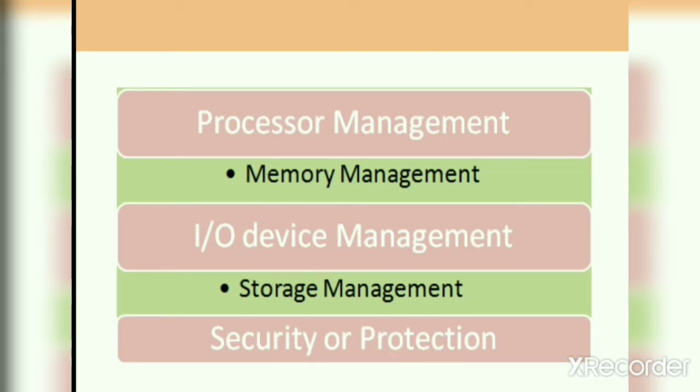The operating system must manage which user is going to access the printer and at what time, which means only one user has access at one time. That is managed by I/O device management.